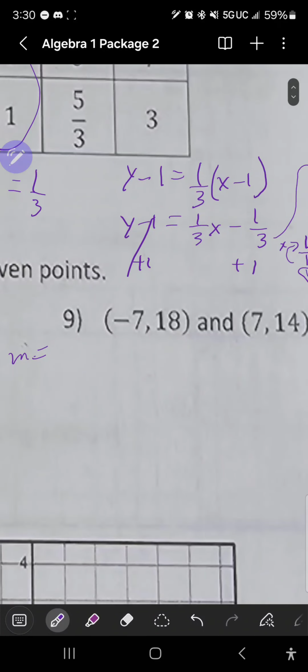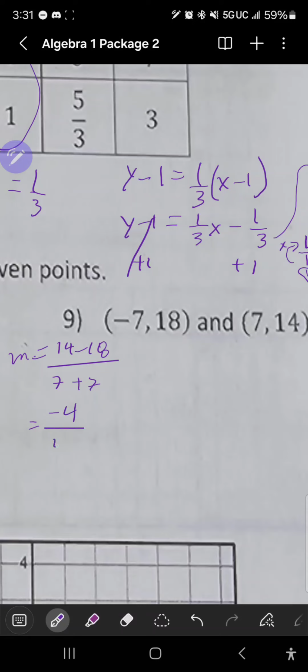m equals 14 minus 18 over 7 minus negative 7, which is the same as 7 plus 7. And 14 minus 18 is the same as negative 18 plus 14, which is negative 4.